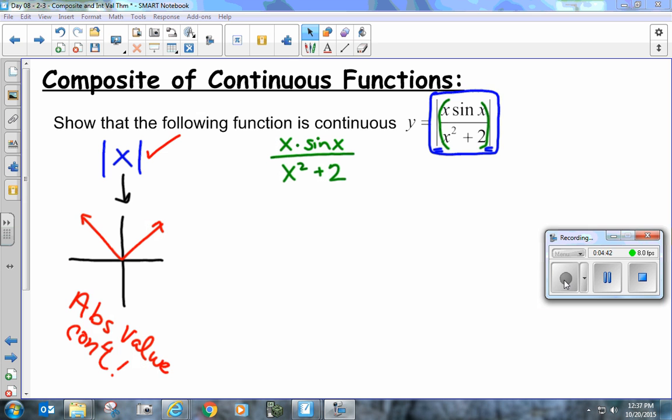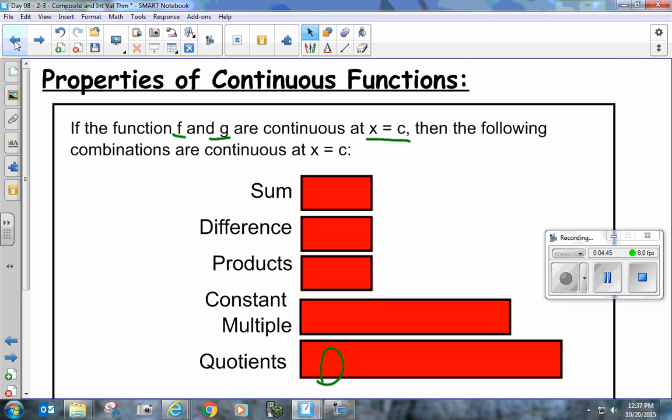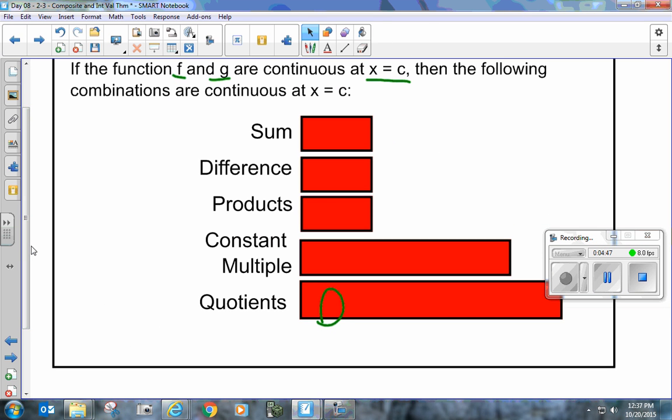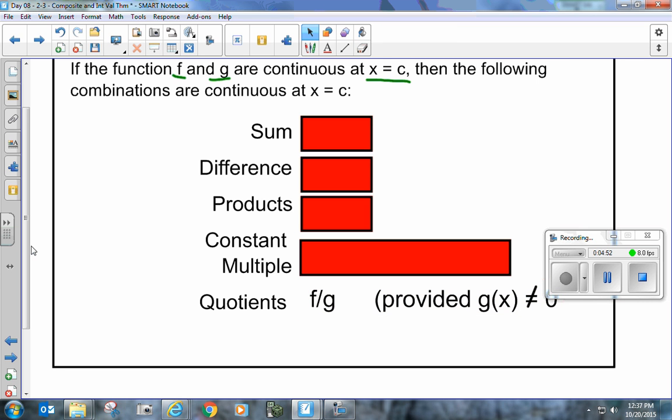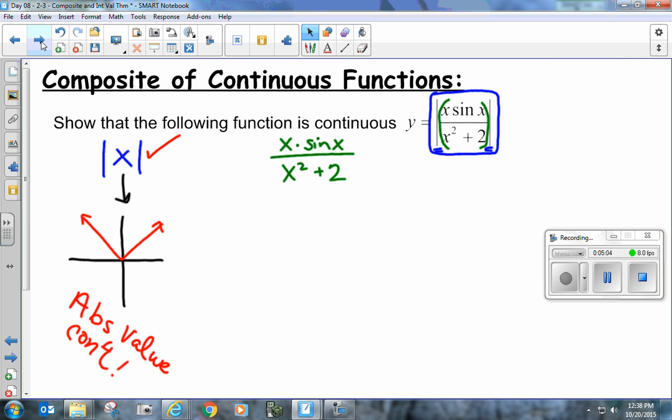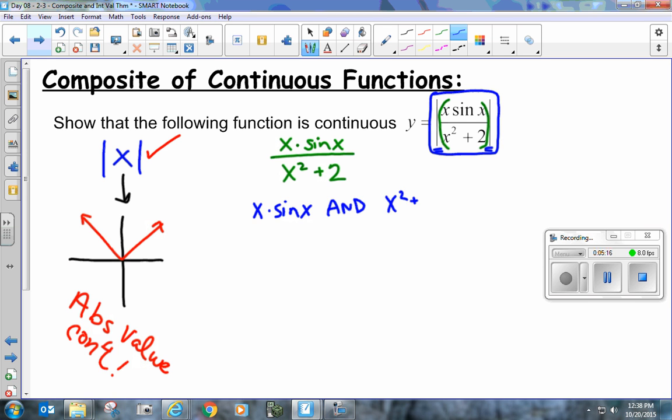I'm going to look back at all my sheets here. I actually have a fraction, right? So my fraction can be continuous if my f and g are also continuous. So I'm going to look at them separately. If they're continuous separately, then the fraction is continuous. I need to prove that the numerator, x times sine of x, is continuous, and my denominator, x squared plus 2, is continuous.